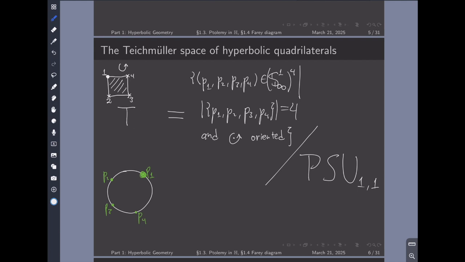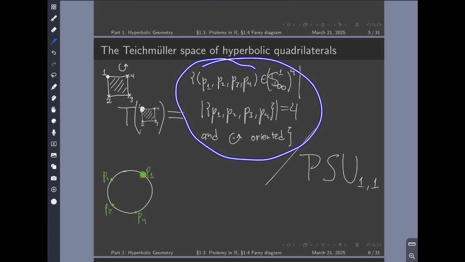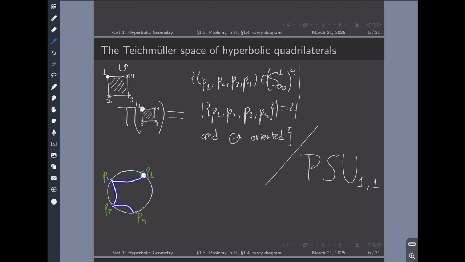But let me put a decoration here, just to indicate that having the distinguished first vertex is important. For instance, having this one as the first vertex gives me here really an object different from having this one as the first one, even though the hyperbolic quadrilaterals are actually the same. Yeah.